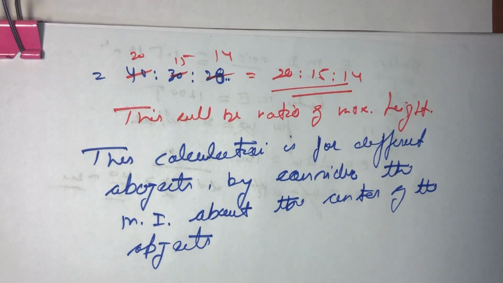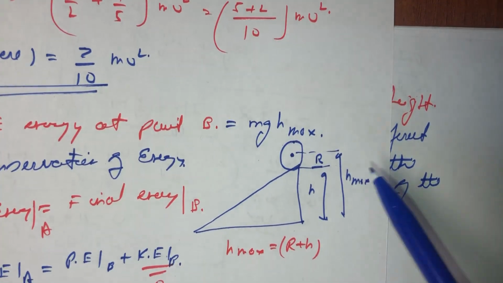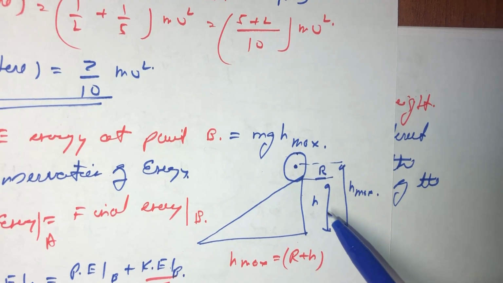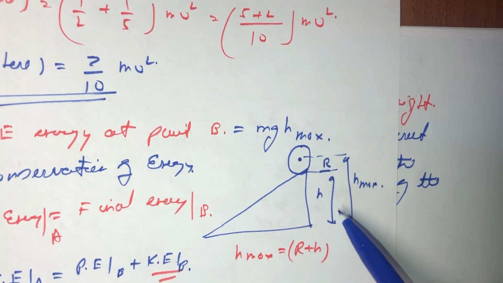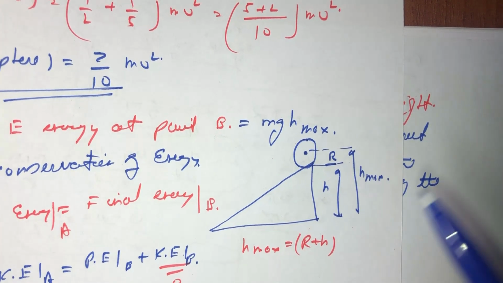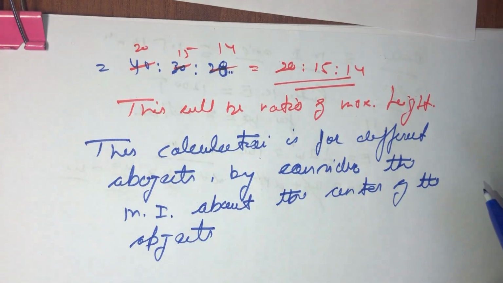No doubt the answer will be the same, because in every object this r will be added. For cylinder it will be h plus r, for sphere also it will be h plus r, as well as for the ring it will be h plus r. So r will be a common factor in all the objects. So that's why the answer will be the same.